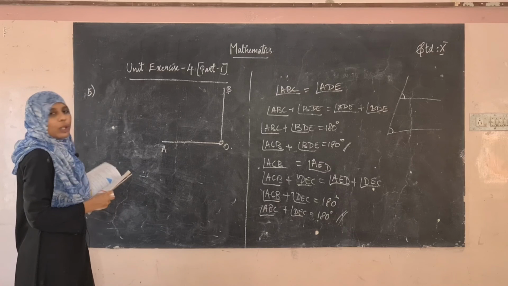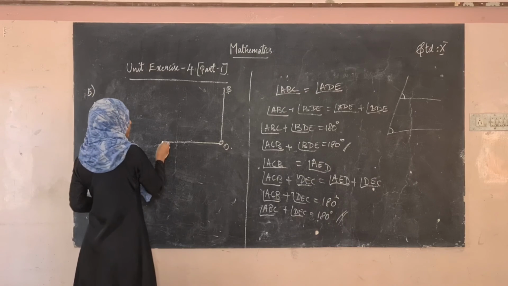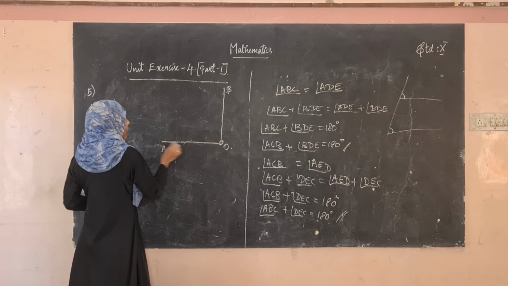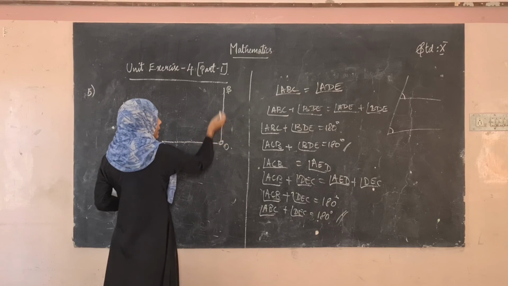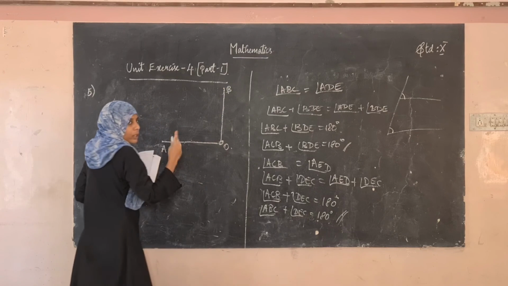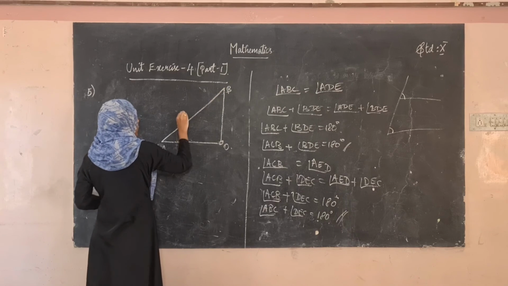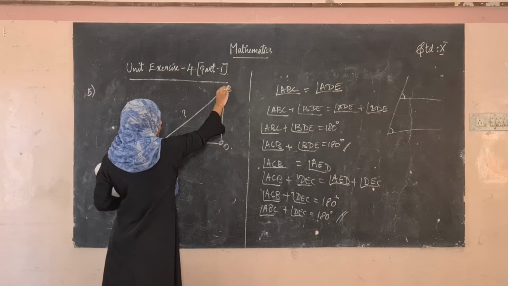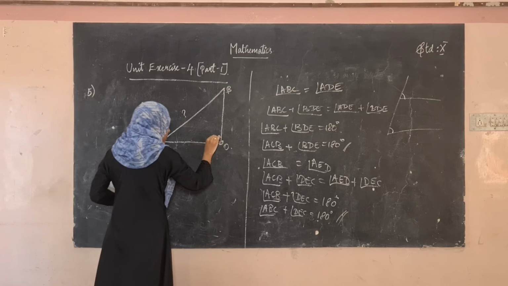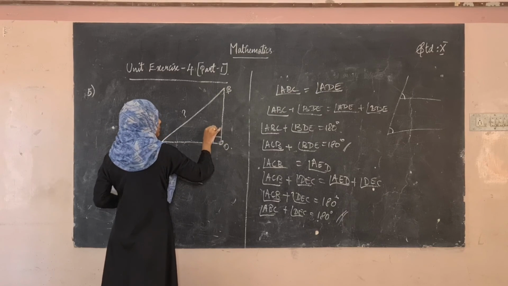So after 2 hours, the first train reaches point A and the second train reaches point B. After 2 hours, we want to find this distance. It is traveling due north and due west, so it makes an angle of 90 degrees.